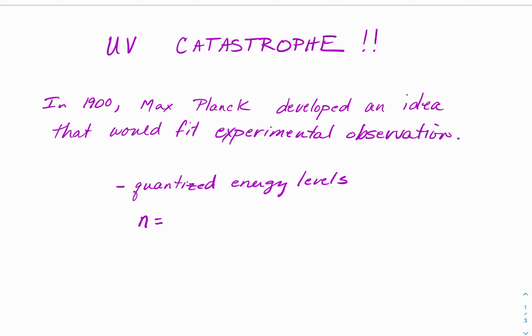We call these quantized levels, we use the variable n for those levels, and the levels are strict levels called 1, 2, 3, and so forth on to infinity. But they could only be at these quantized discrete levels.